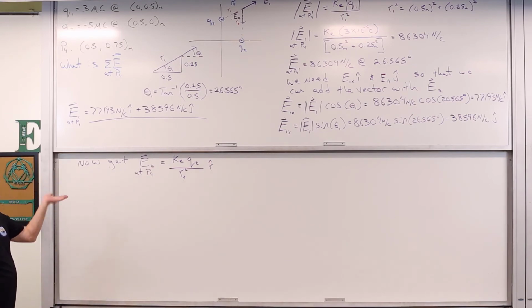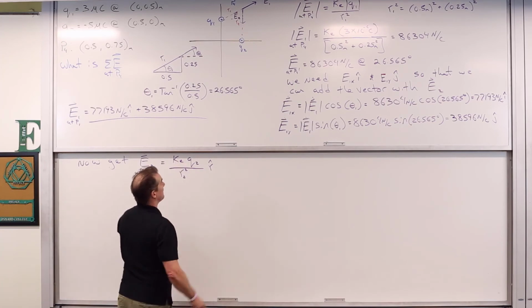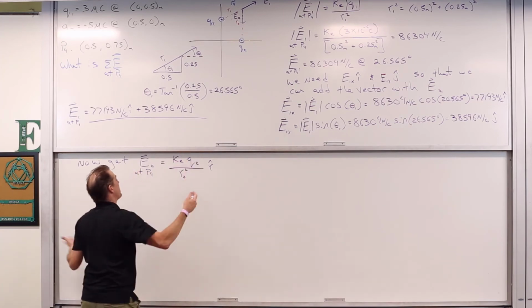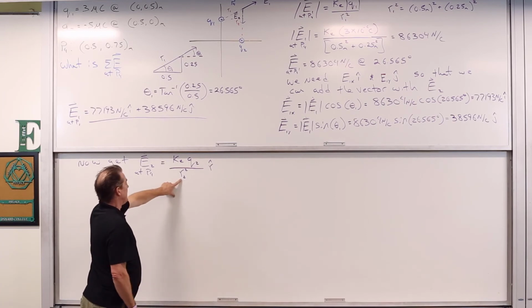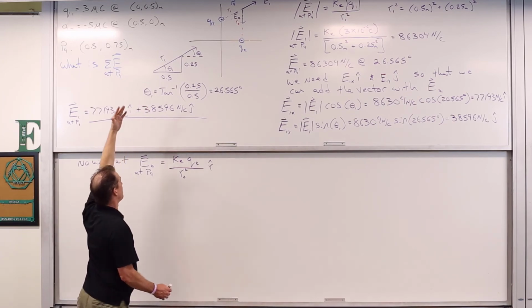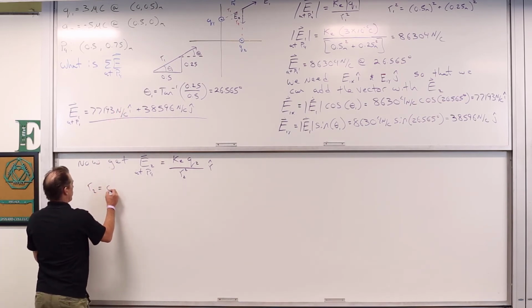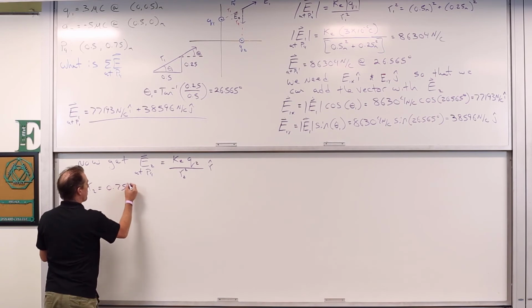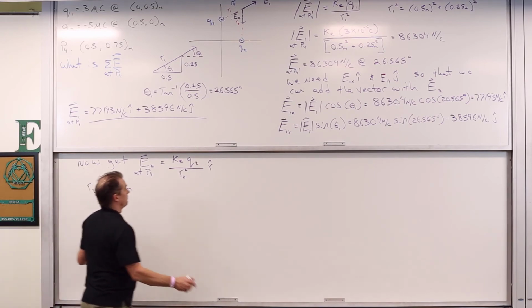Or we could just use the magnitude and say the direction has to be the negative J hat direction. Either way is good, but this is going to be negative R hat, and negative R hat is radially inward, which is the negative J hat direction anyway. We need R2 first, but that's easy to get because it's just above it, 0.75 meters, right? So R2 is equal to 0.75 meters.